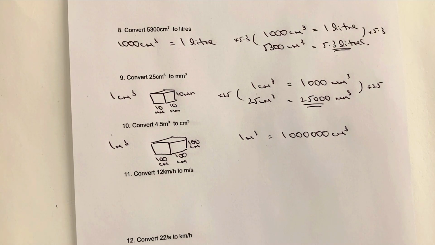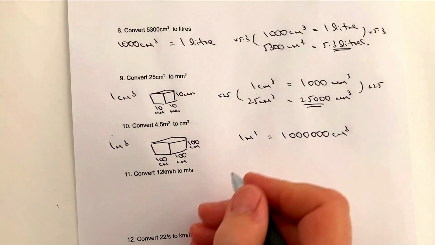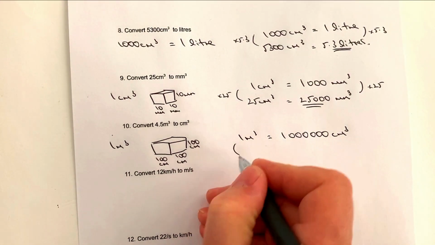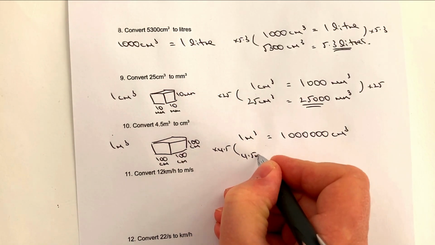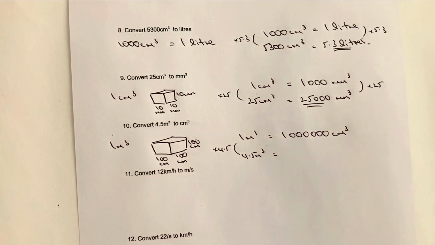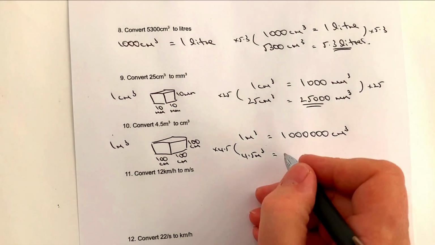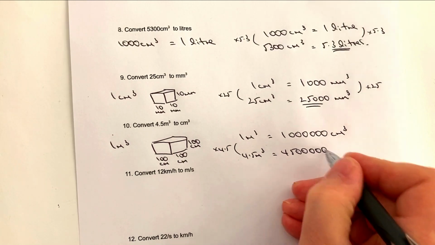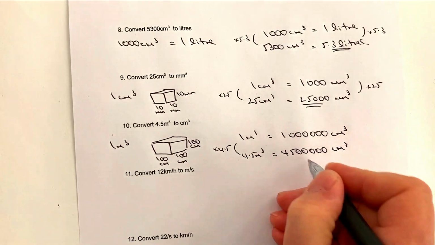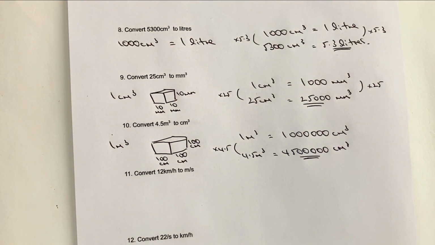Well, I've got 4.5 meters cubed, so I'm going to multiply that by 4.5. I've got 1 million multiplied by 4.5, which is going to be 4.5 million centimeters cubed, and that would be the answer to that particular question.